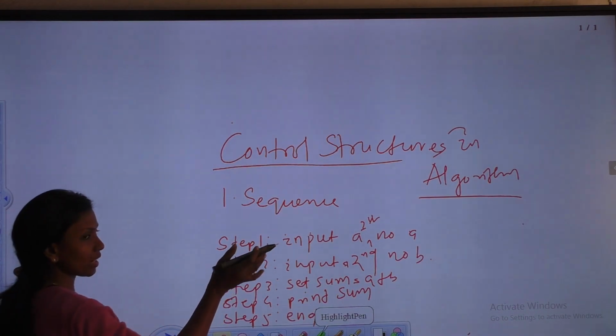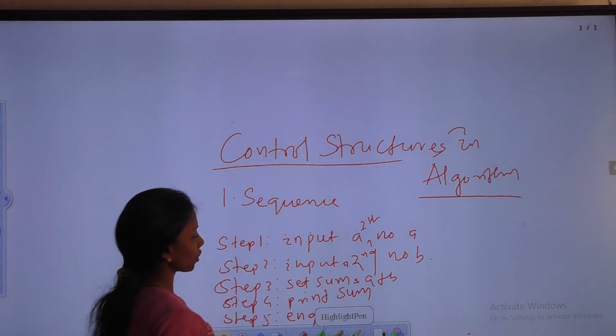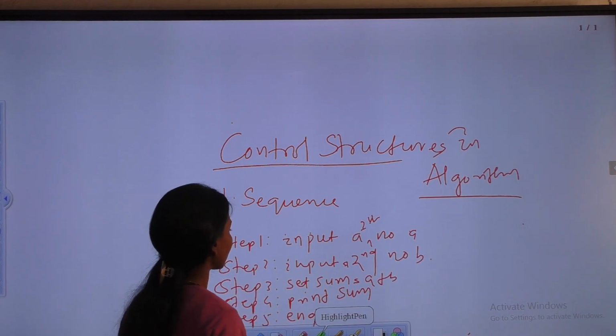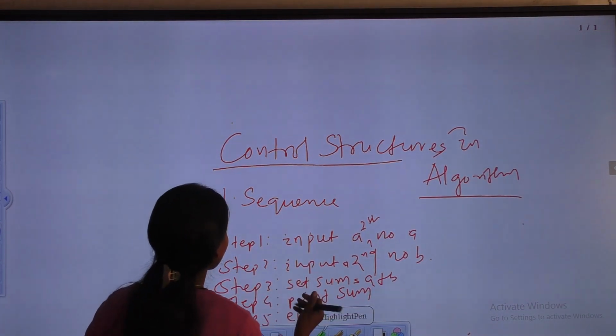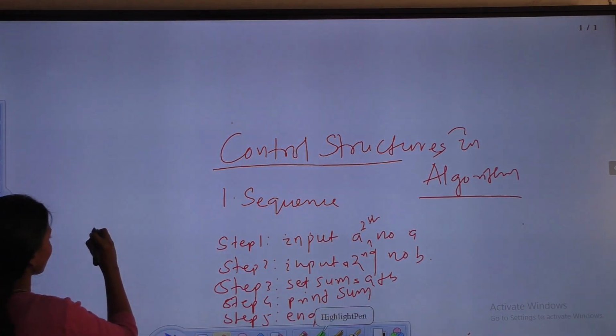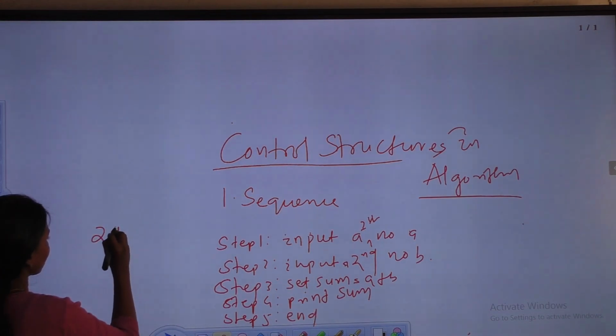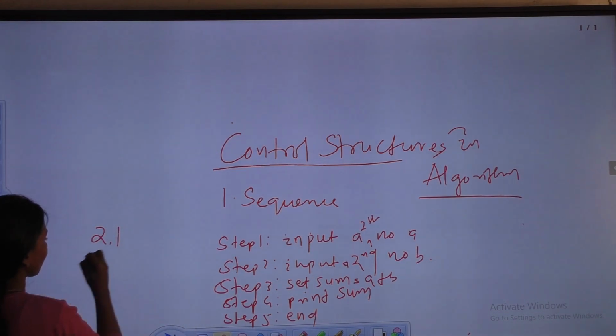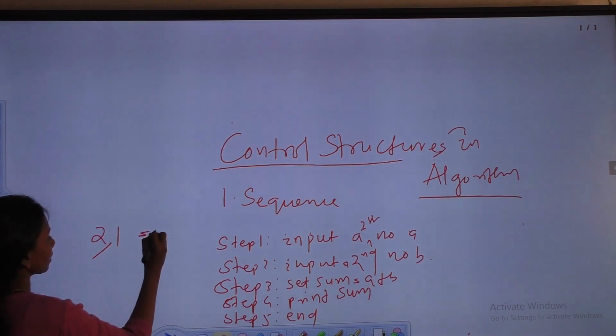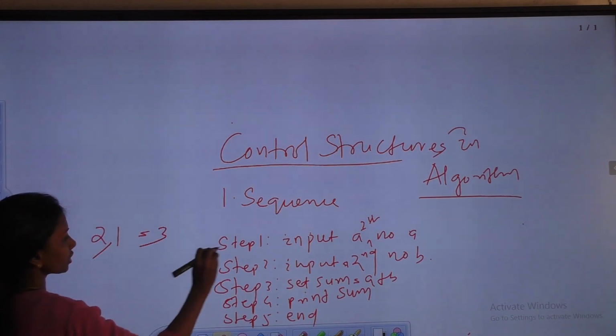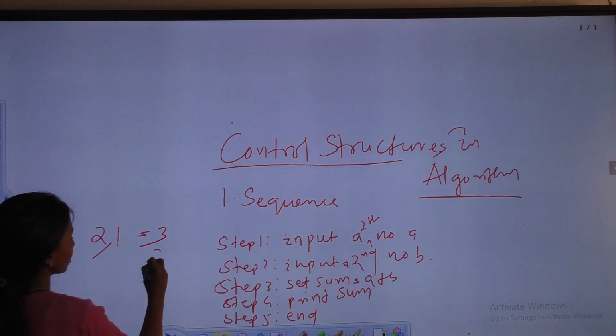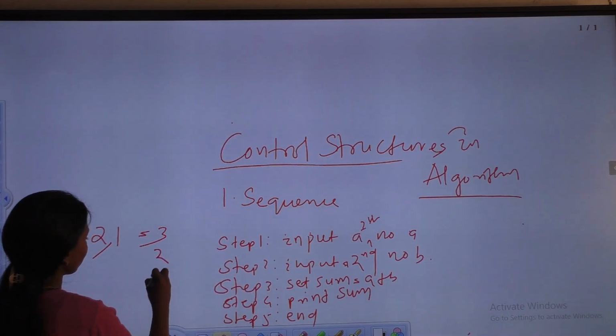You can write step 1 as start. Somewhere you can find that the first one is a start. So what happens here? Suppose there are two numbers, 2 and 1. The addition will be 3. The first number is 2, the second number is 1.